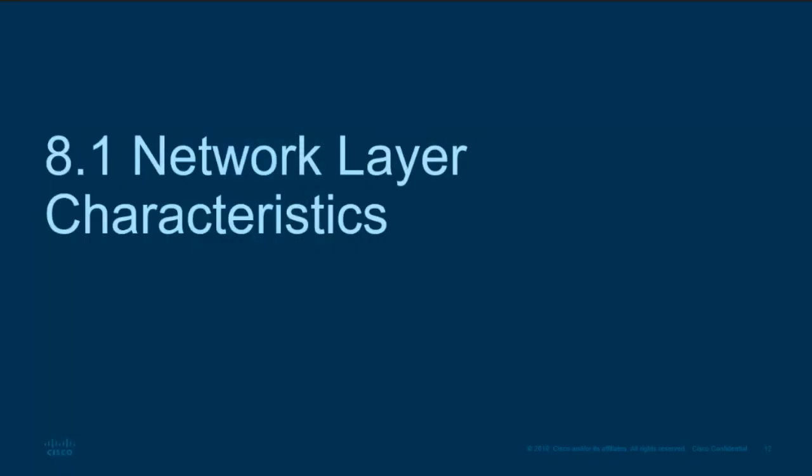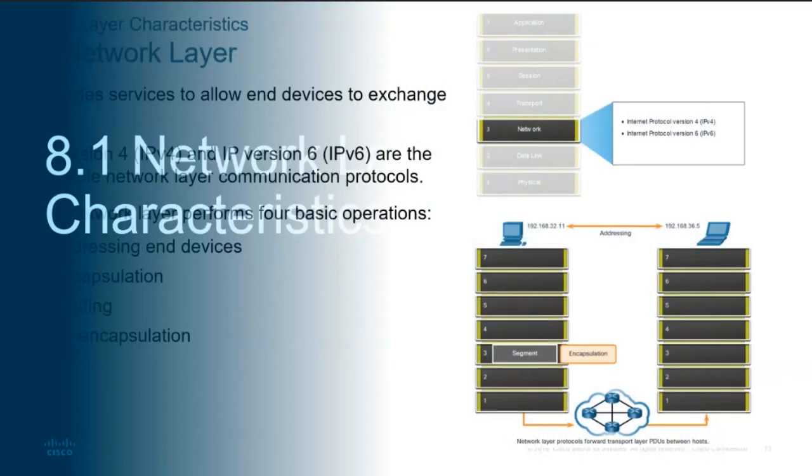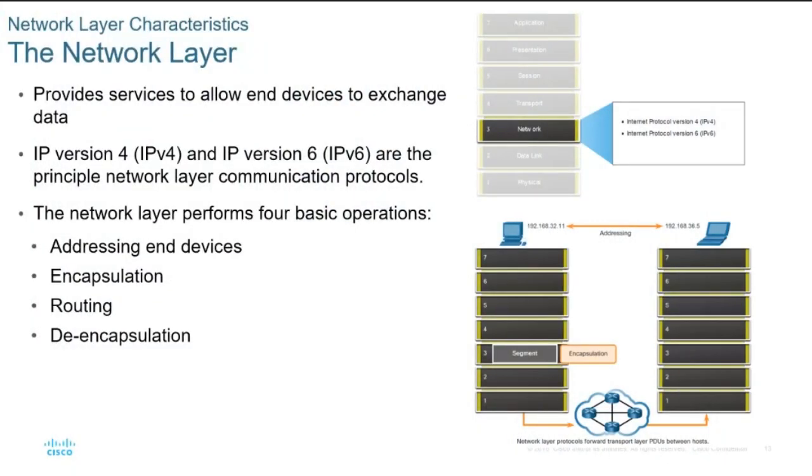Okay, so first, the network layer characteristics. So the network layer or the OSI layer 3 also provides services to allow end devices to exchange data across networks.